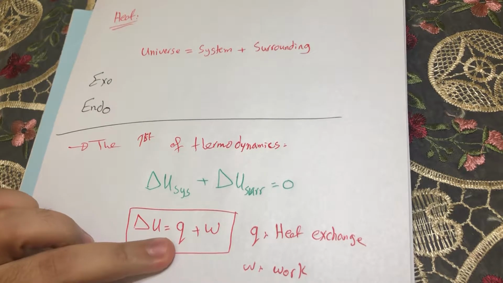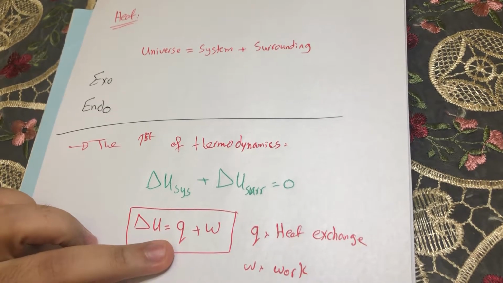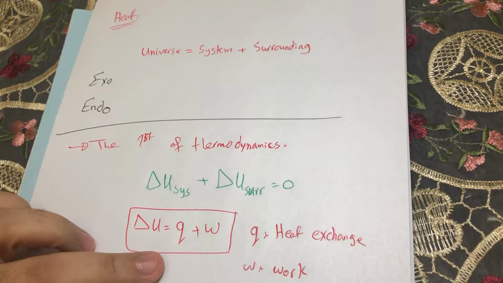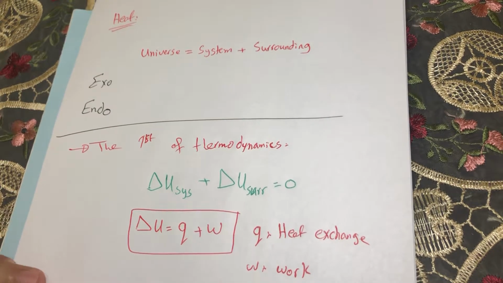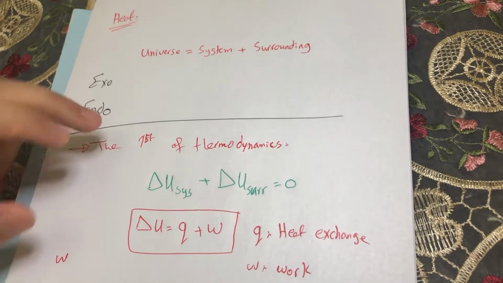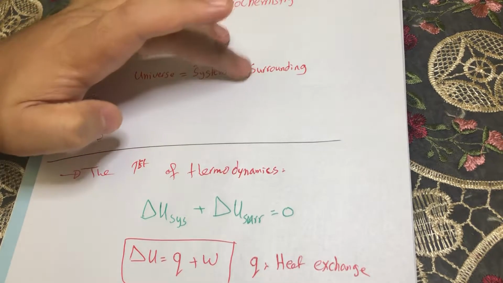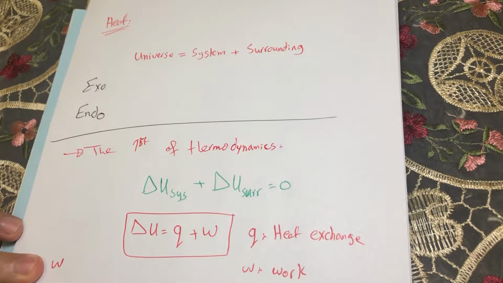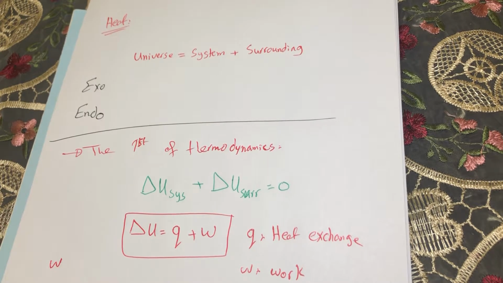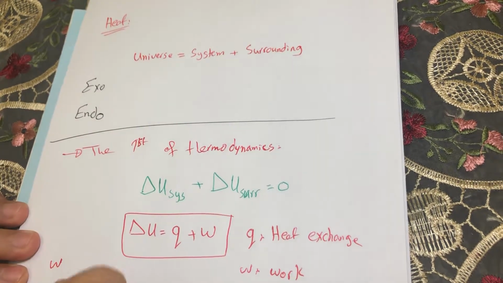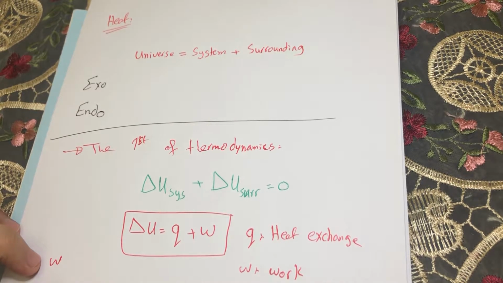So please note that when work is done by the system on the surrounding, the sign of W should be minus. But when work is done on the system by the surrounding, the opposite charge, the work should be positive.